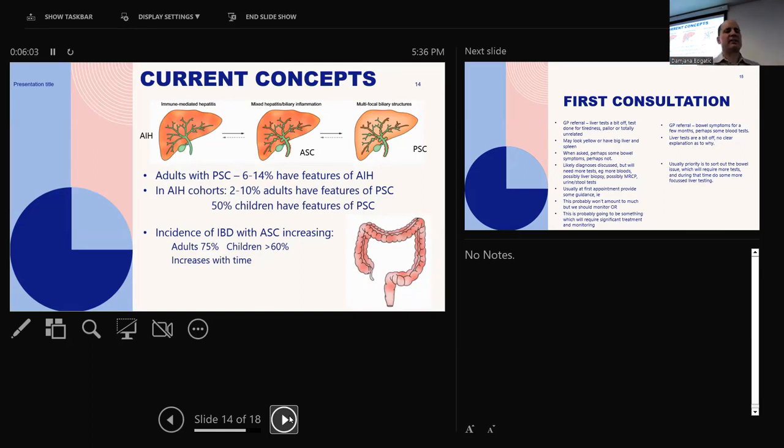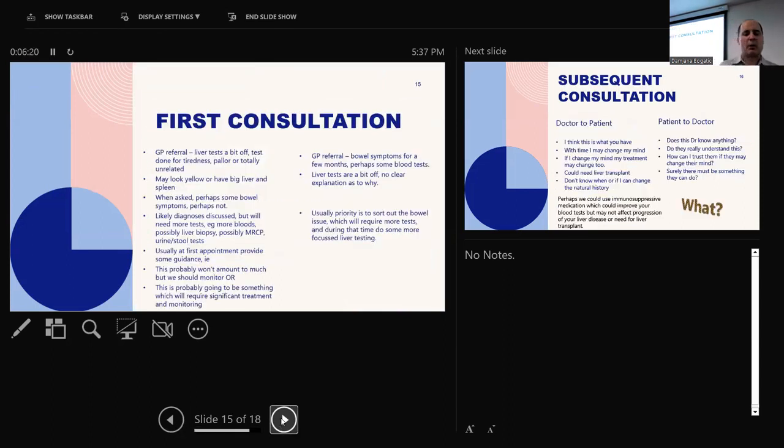And as I said, the incidence of inflammatory bowel disease with autoimmune sclerosing cholangitis does firstly increase with time, and secondly does increase as you move along towards the primary sclerosing and perhaps slightly away from the autoimmune hepatitis picture. So what does this look like with the first consultation?